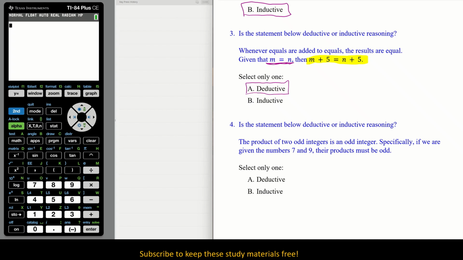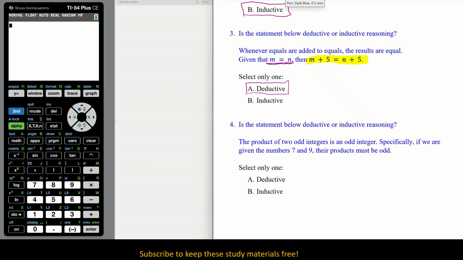But this is obviously an example. So we could give values to M and N. We could say that M equals N equals 4. Then both these statements would equal. However you want to justify it to yourself.